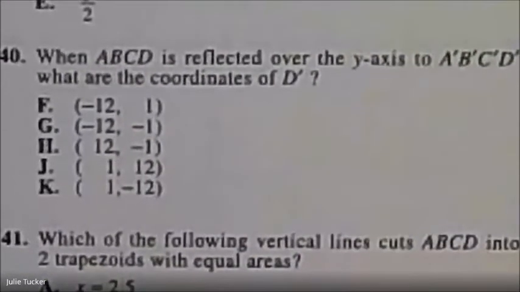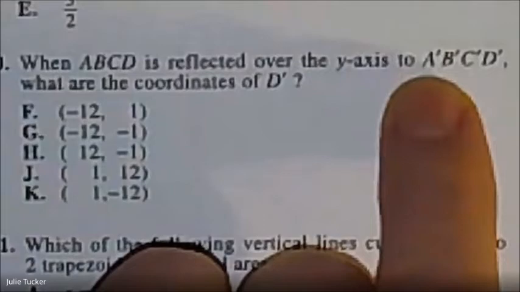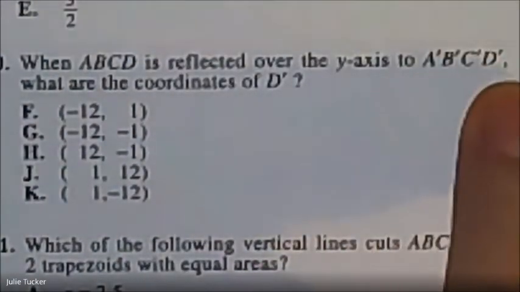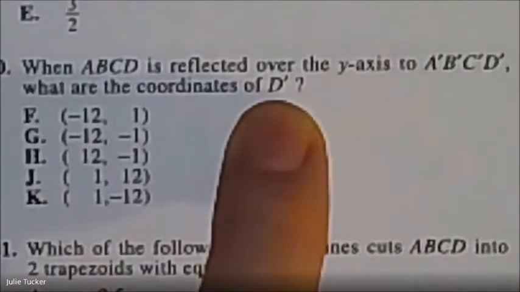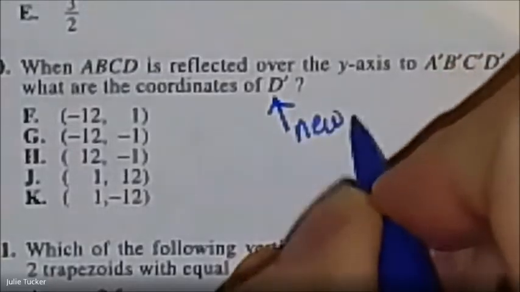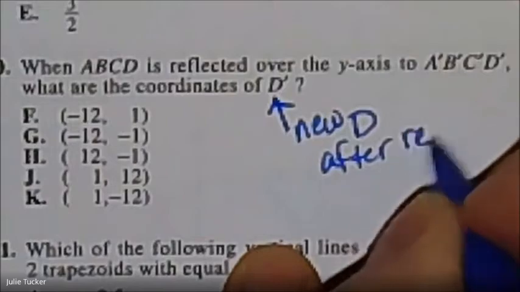When ABCD is reflected over the y-axis to be A prime, B prime, C prime, D prime, that just means to make a new one. What are the coordinates of D prime, which means the new D after it's reflected?